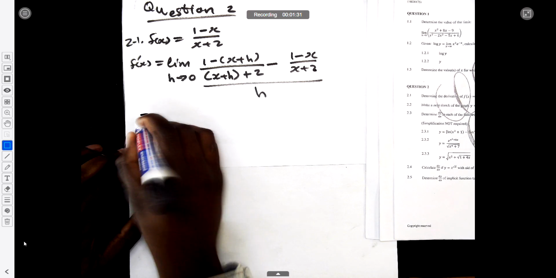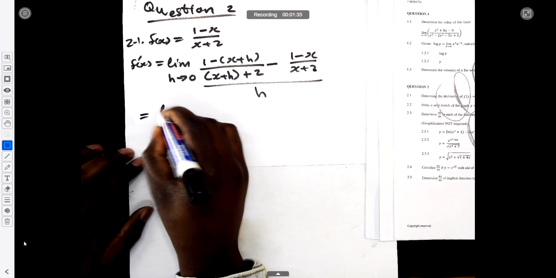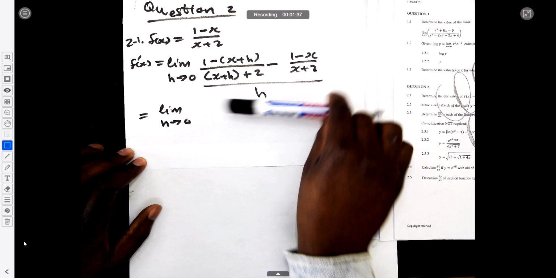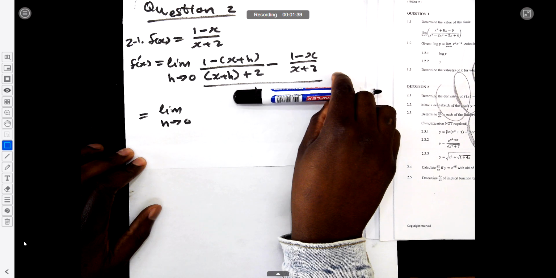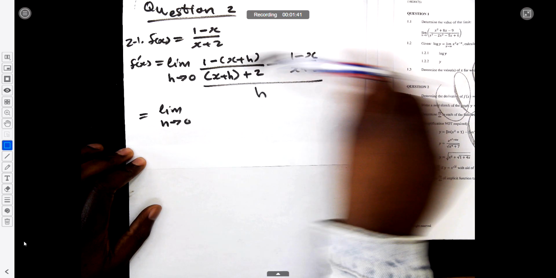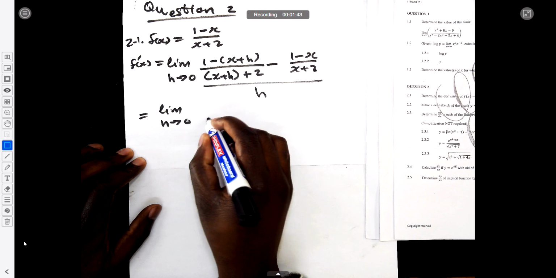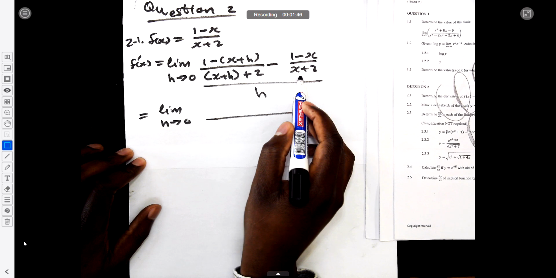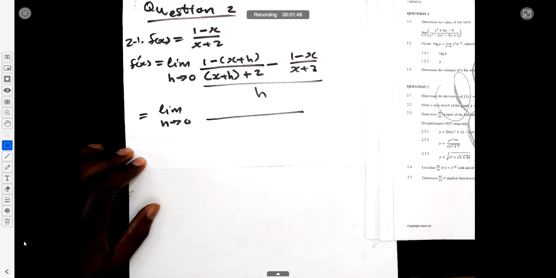Then from here we know we have to add fractions. So we're going to say limit h approaches 0. We're going to add fractions in the numerator there. The simplest way is to cross multiply the denominators with the numerator.